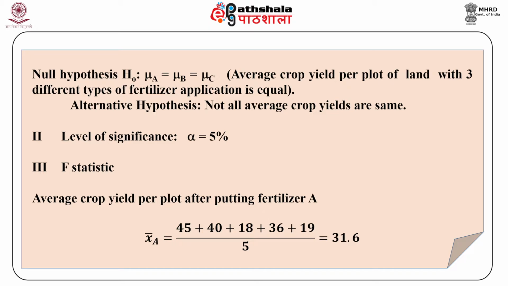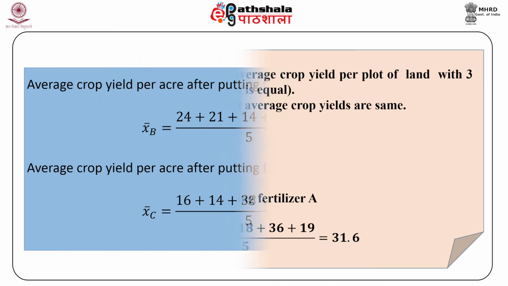and the third thing which we have to do is now find out the F statistic. What is the average crop yield per plot after putting fertilizer A? We can find it out, which is denoted as XA bar, equal to the sum total of the values in the first column divided by 5, which gives us the average yield equal to 31.6.